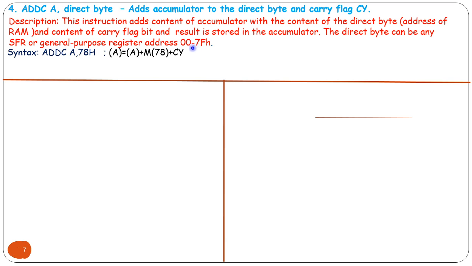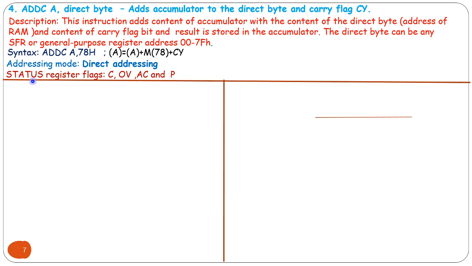This instruction has syntax like this: ADDC A, 78H. The content of carry flag plus the content of random access memory directly pointed by 78H is added to accumulator, and the result is stored in accumulator register. This instruction has addressing mode direct.